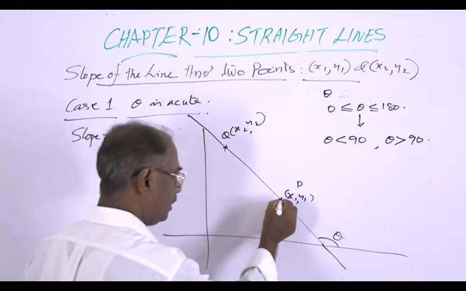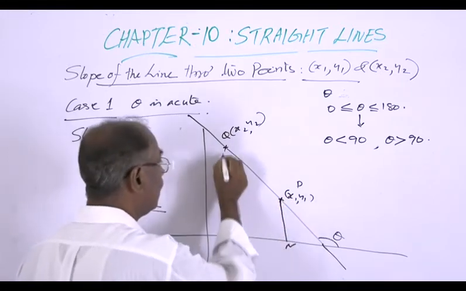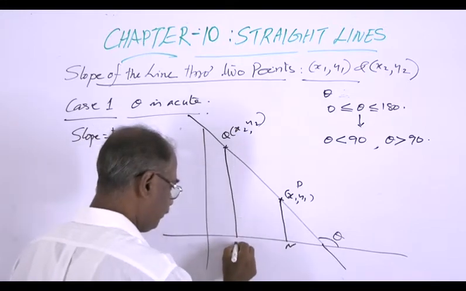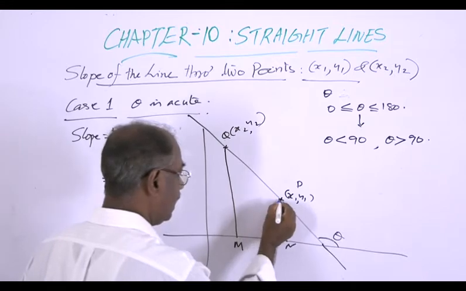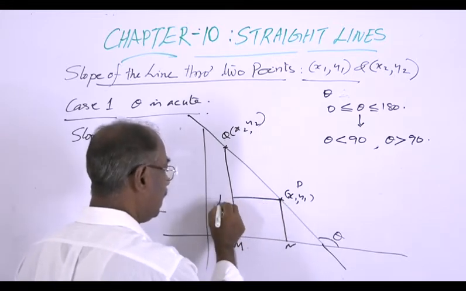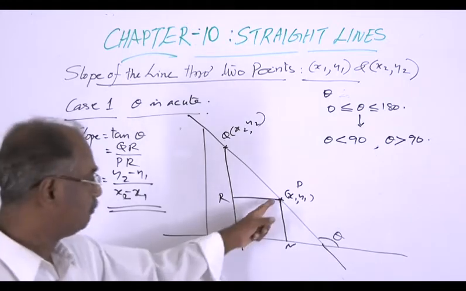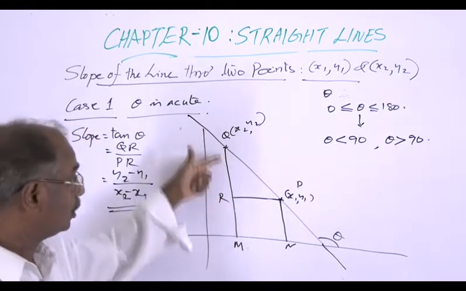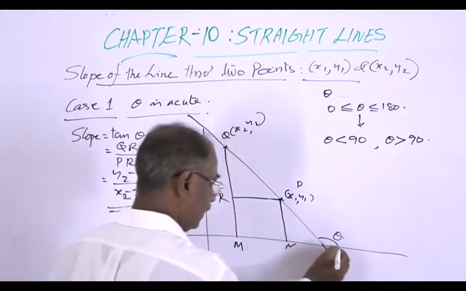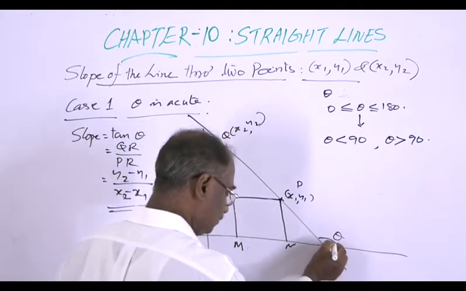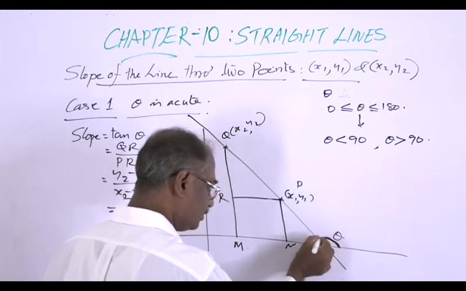So draw PN and QM perpendicular to the x-axis, and PR perpendicular to QM. Then the angle made by the line is this.